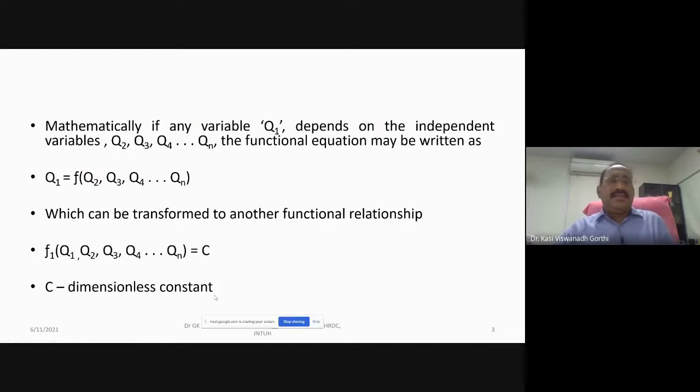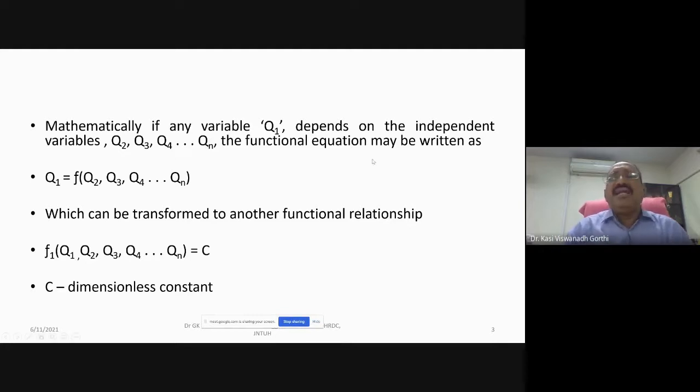So what is the methodology? Mathematically, suppose a variable q1 depends on the independent variables q2, q3, q4 up to qn. So q1 is the dependent variable, and q2, q3, q4 up to qn are the independent variables.